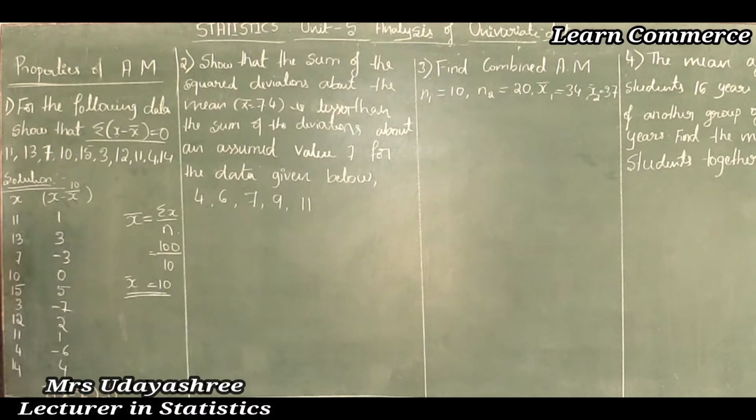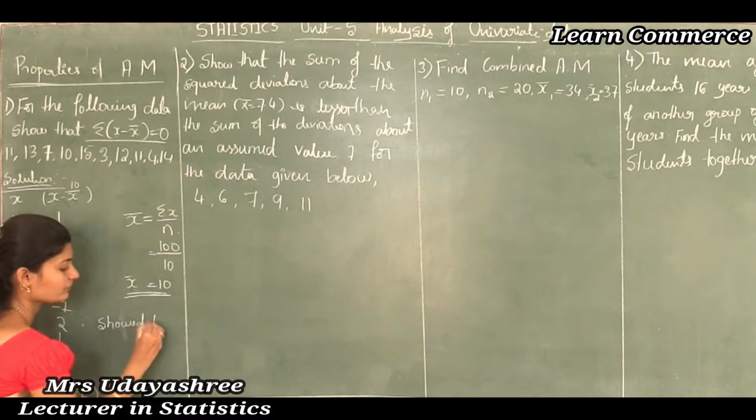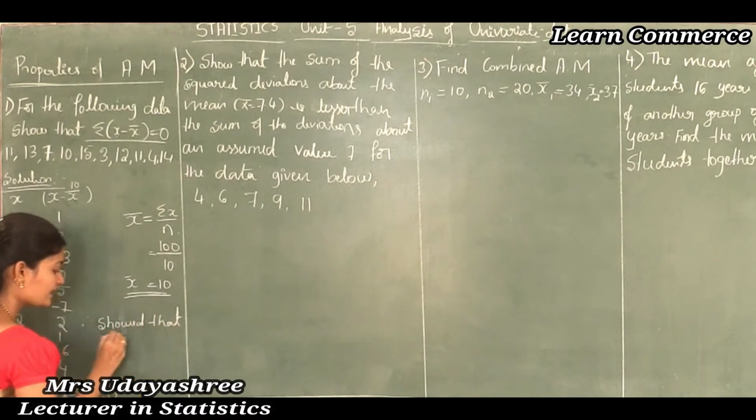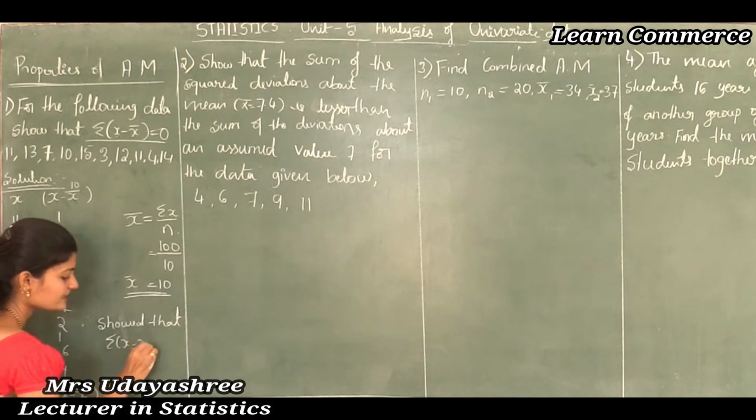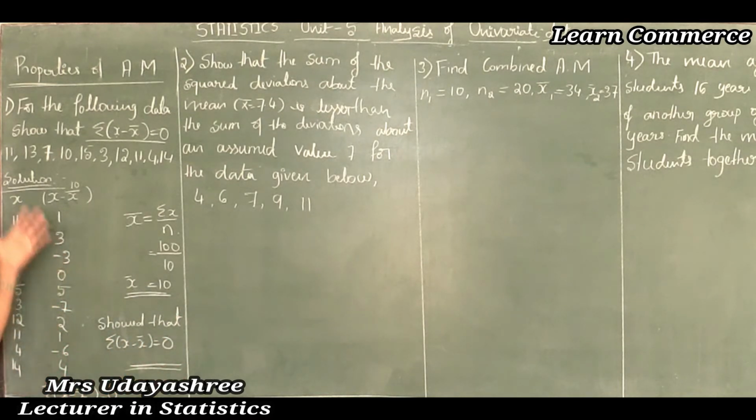So here we showed that sum of x minus x bar is equal to 0. This is the solution part of the first problem.